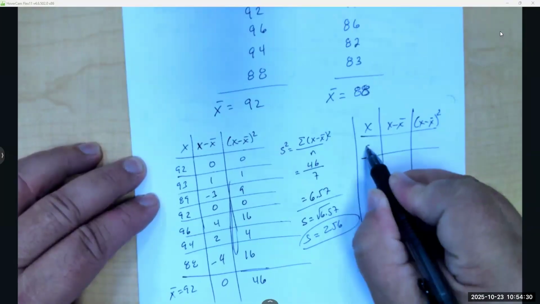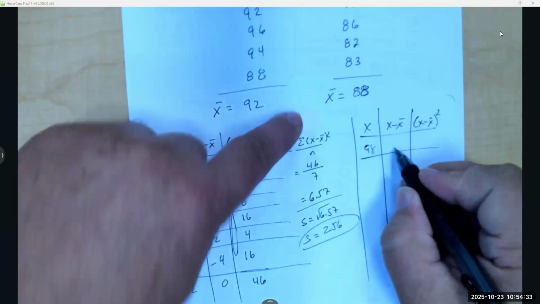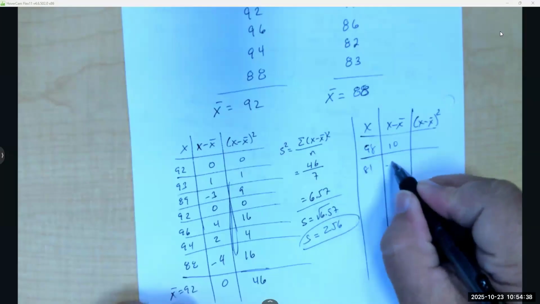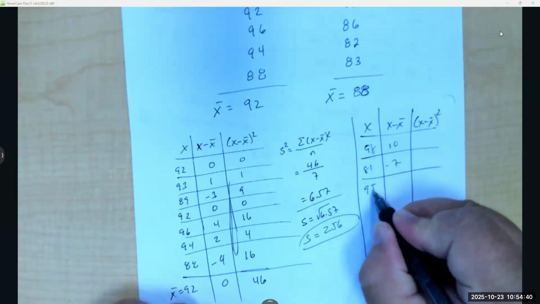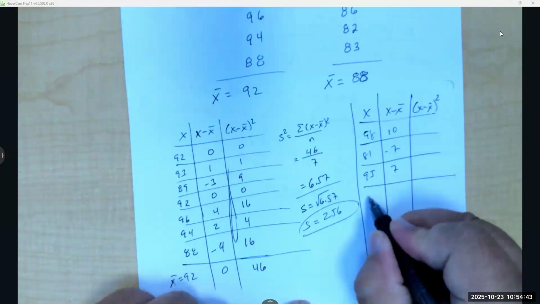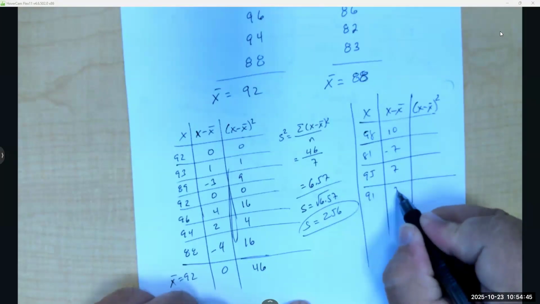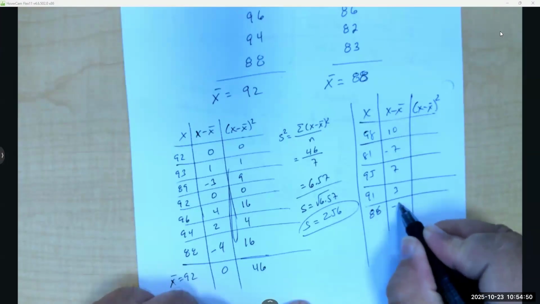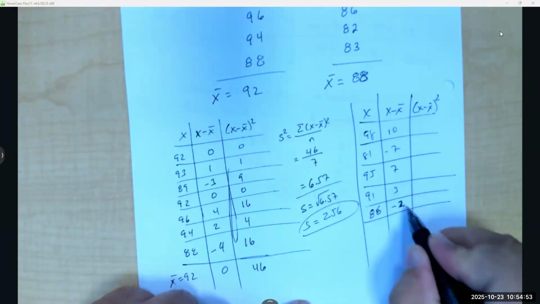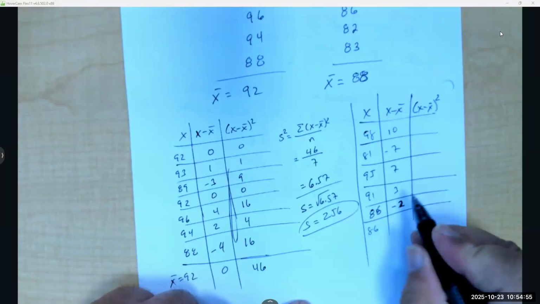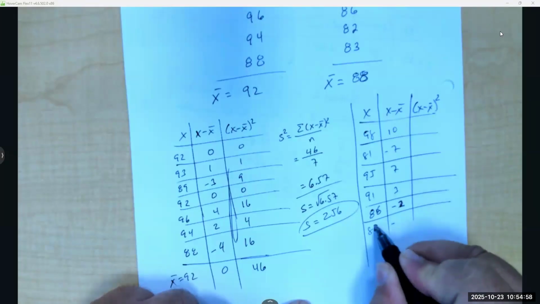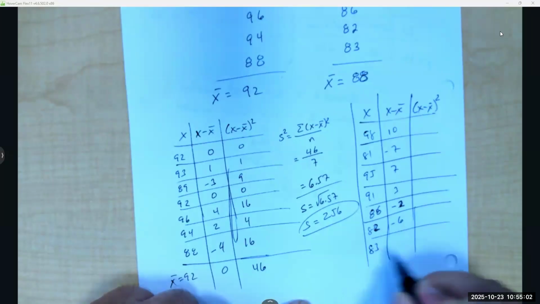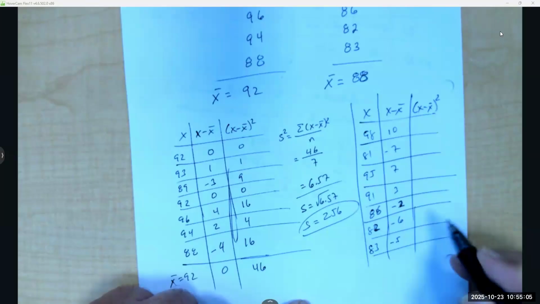we have 98 minus 88, which is 10. 81 minus 88 is negative 7. 95 minus 88 is 7. 91 minus 88 is 3. 86 minus 88 is negative 2. 82 minus 88 is negative 6. 83 minus 88 is negative 5.